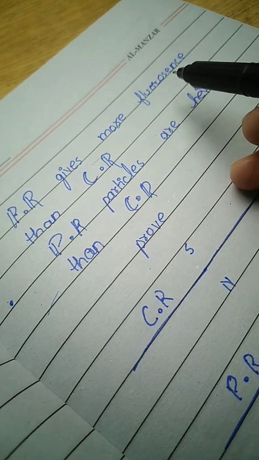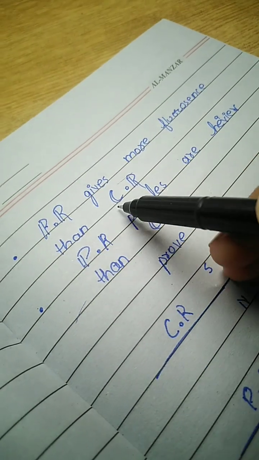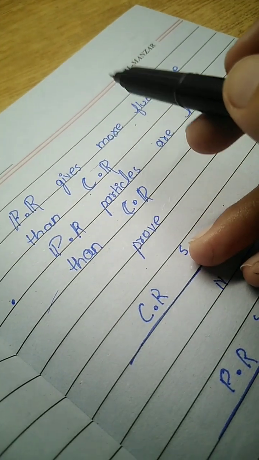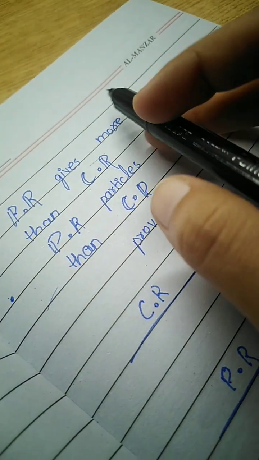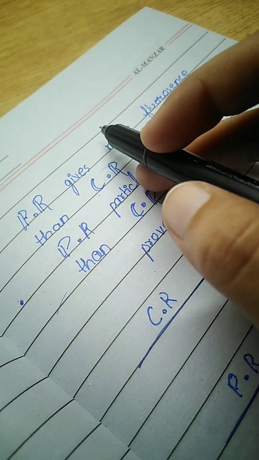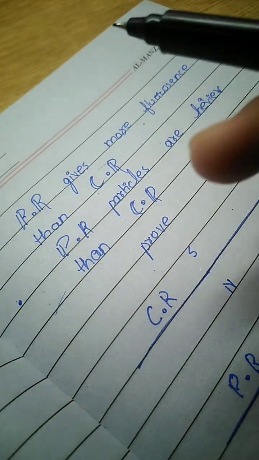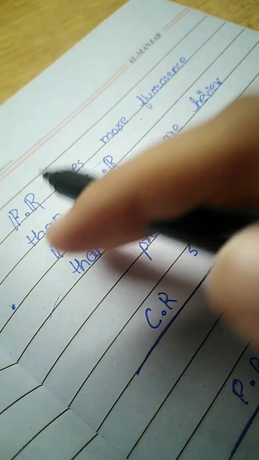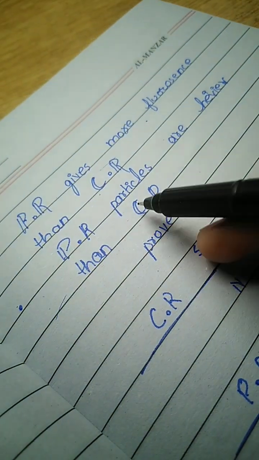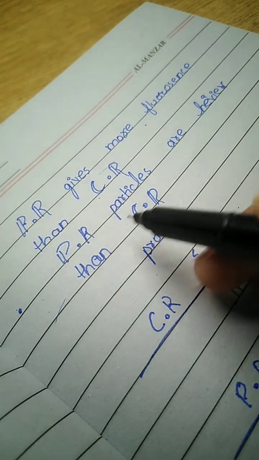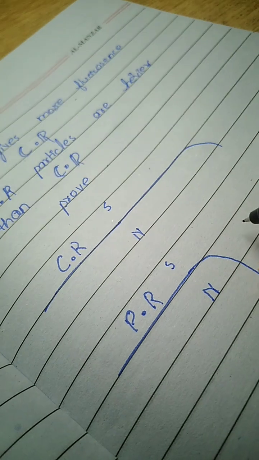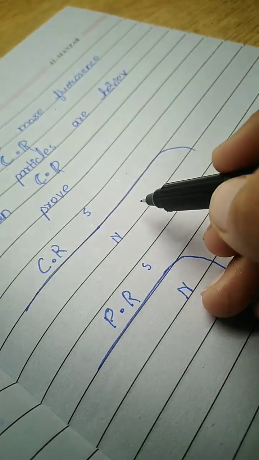Positive rays give more fluorescence than cathode rays. They are heavier, that's why they give more fluorescence. Positively charged particles are heavier, and in an atom there are more positively charged particles, such as in hydrogen, helium, oxygen. That's why they are heavier. Now let's prove which is heavier.